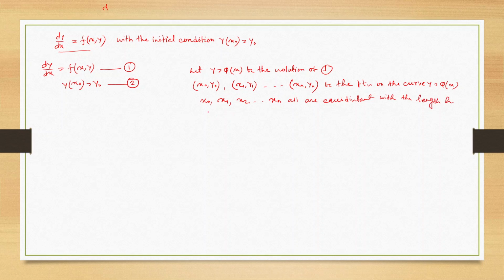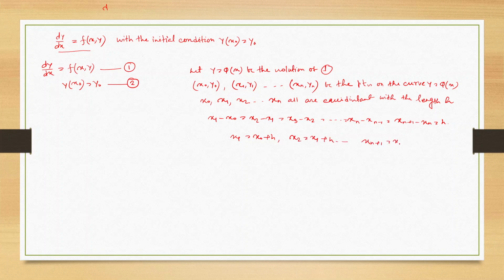That means here we can write x1 - x0 = x2 - x1 = x3 - x2 = ... = xn - xn-1 = xn+1 - xn = h. So from here we can also write x1 = x0 + h, x2 = x1 + h, and xn+1 = xn + h.